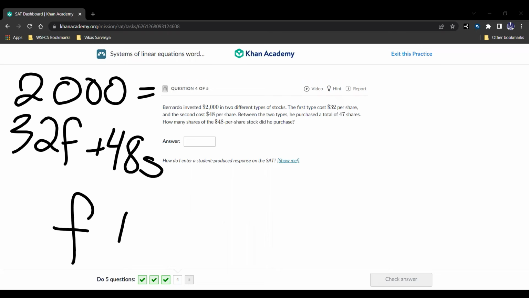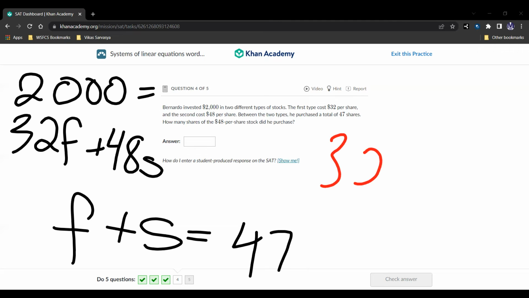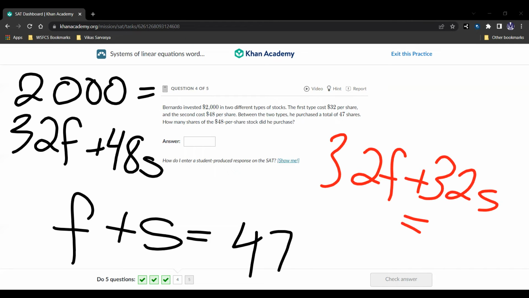And F plus S, the total number of shares, is 47. And we multiply this all out by 32, and we get 32F plus 32S equals 1,504.